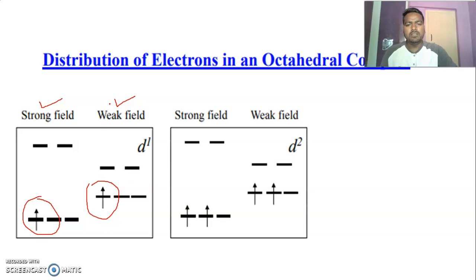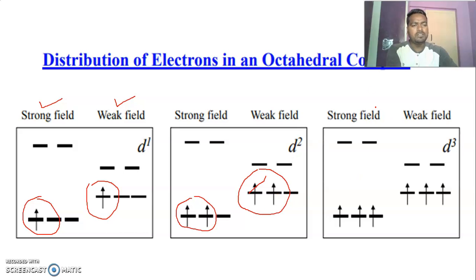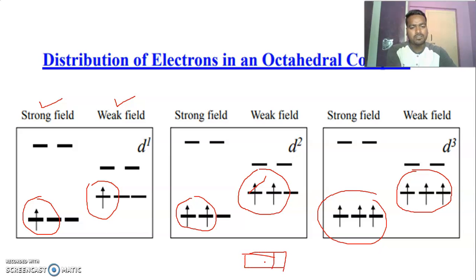And in the D2 system also, even in the presence of strong ligand or weak ligand, weak field or strong field, in both cases it has 2 electrons. And in the case of D3 system also, strong ligand 3 electrons, weak ligand 3 electrons. Dear students, T2G can occupy totally 6 electrons.